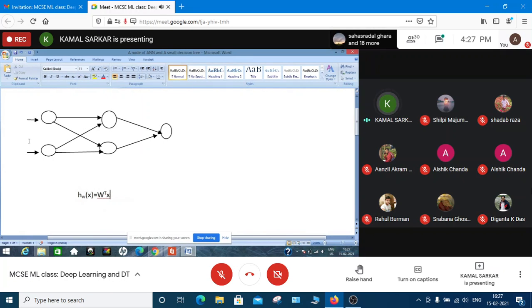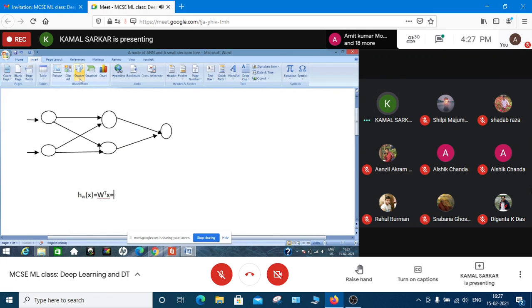That should be the hypothesis function, but if I consider W1, W2, W3 and W4, and W5 and W6, with inputs X1 and X2, then the hypothesis function will look like this.